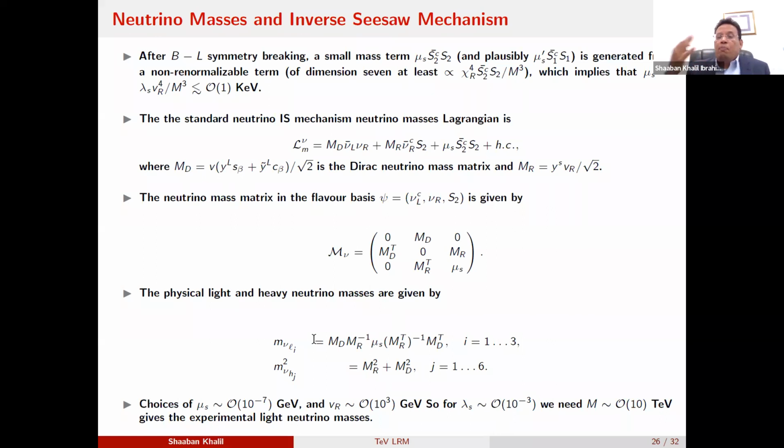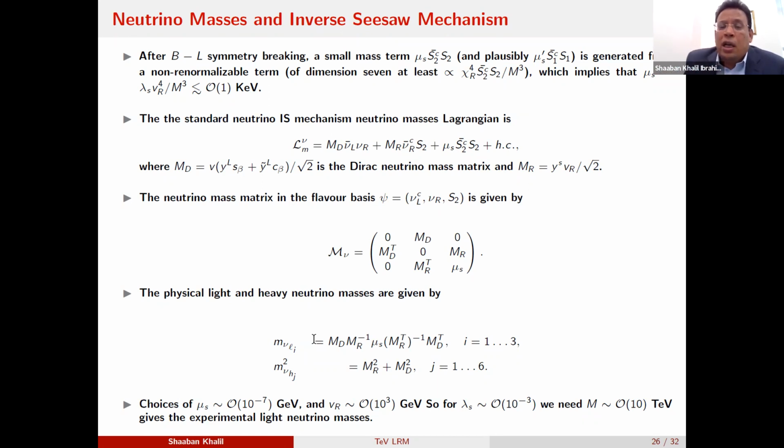This is a known mass matrix. People studied it separately, without the left-right model, as a different mechanism for generating neutrino masses, and they call it inverse seesaw. Therefore, we try to implement the inverse seesaw in the left-right model. It's true that we add one singlet fermion, but we really removed delta left, delta right, and all the flavor changing effects.